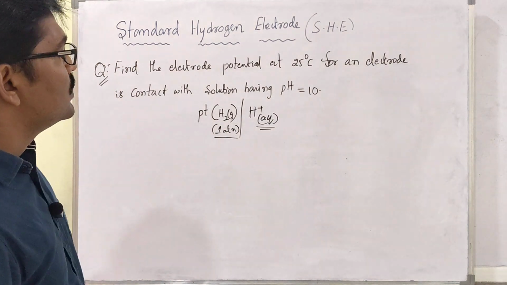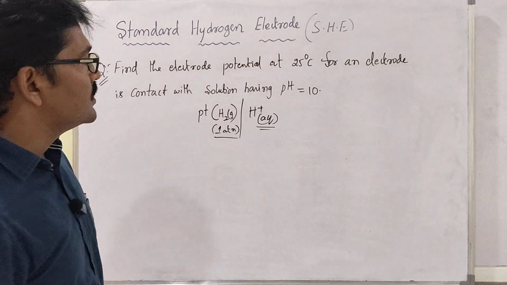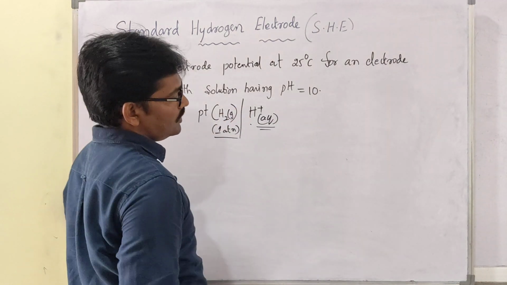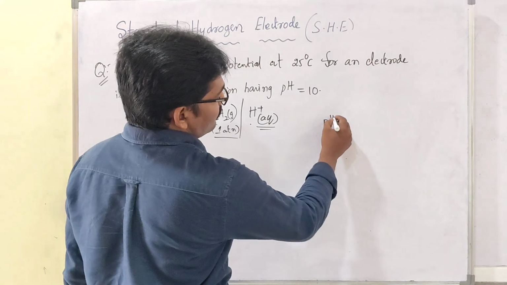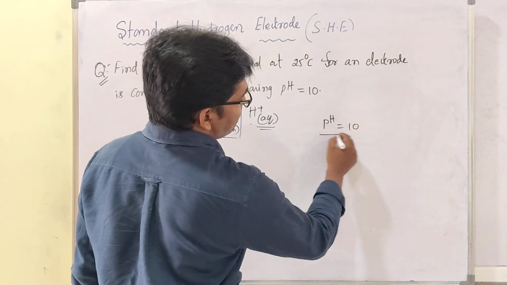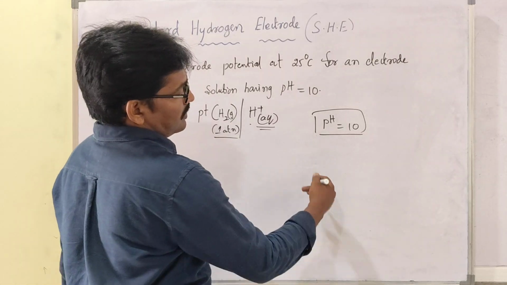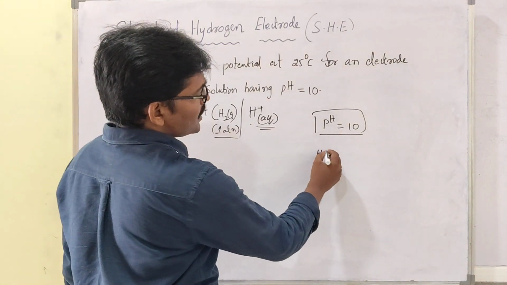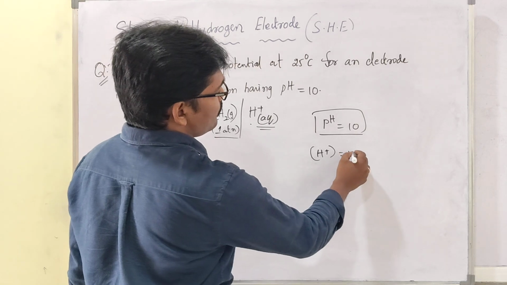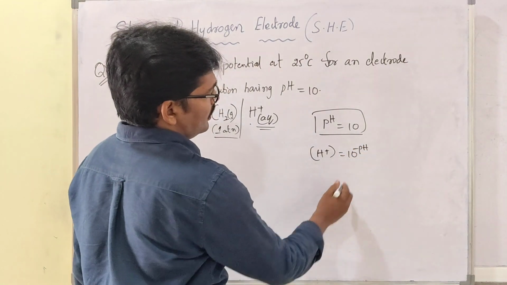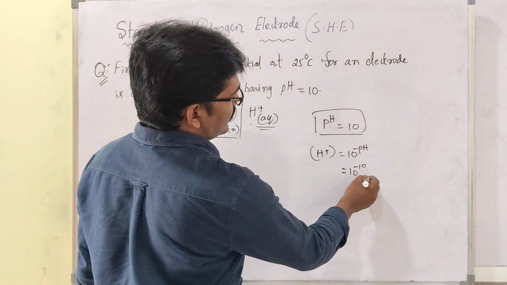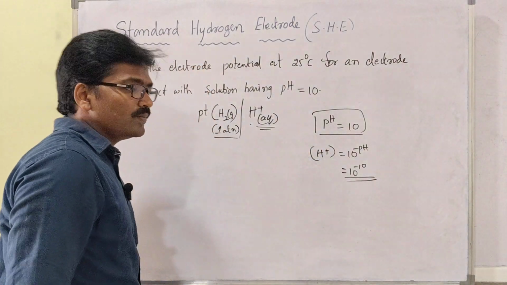Right. So now what do you have to find out? First you have to find the H plus ion concentration. When pH is given as 10, then H plus ion concentration equals 10 to the power of minus pH, so 10 to the power of minus 10.